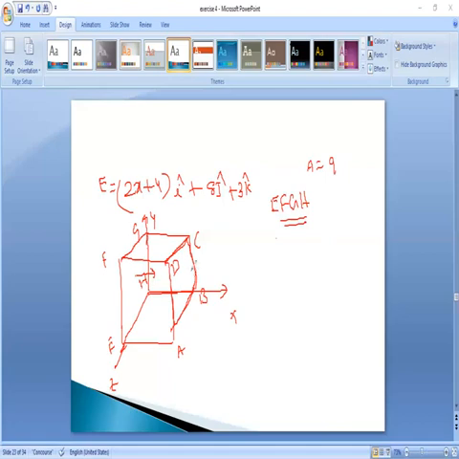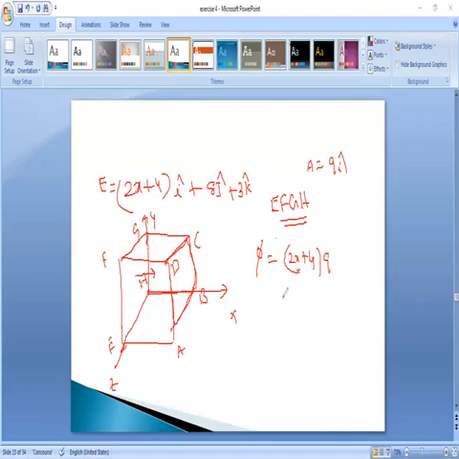And this is the direction along x-axis, so 9i cap. In this case, area is 9i cap, and flux, if you want to calculate, that is nothing but E bar dot A bar. And when you take the dot product between these two, you will get the answer simply 2x plus 4 into 9 only. But what is the x position at this particular point? At this particular point, x position is 0.